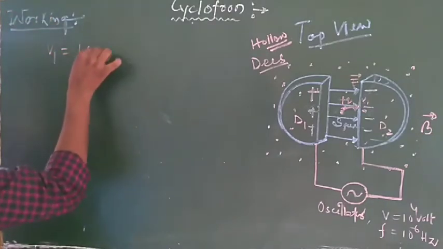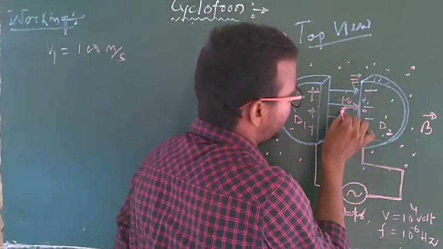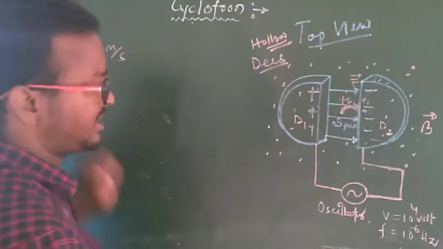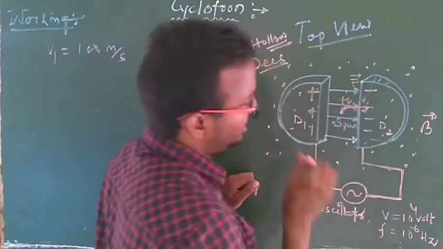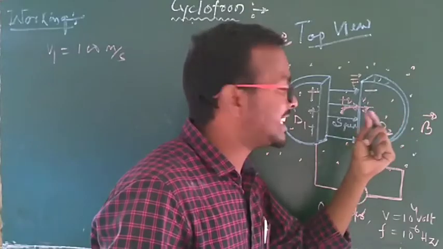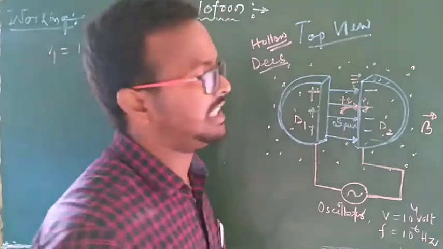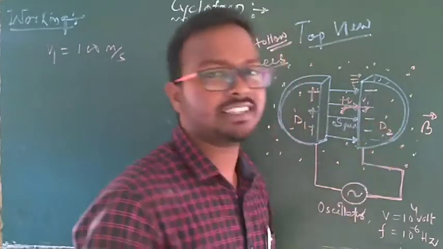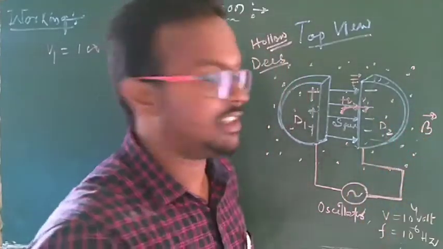Suppose v1 equals 100 meters per second. The charged particle enters D2 with speed v1, 100 meters per second. Inside D2 there is no electric field, because inside a hollow conducting material the electric field is 0, but there exists a magnetic field, which is coming in the outward direction.